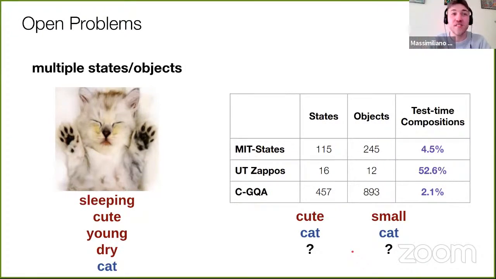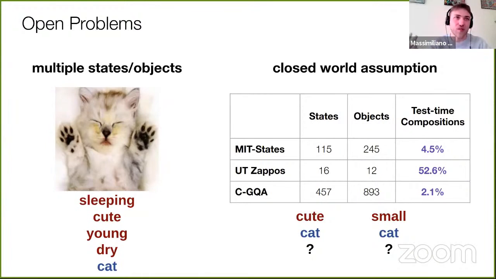And this means that a compositional zero-shot learning model built on MIT-States, as it is, will not predict them at test time. And this is a limitation because, of course, in the real world, we may see cute cats and small cats. This is what I call the closed world assumption of these models.